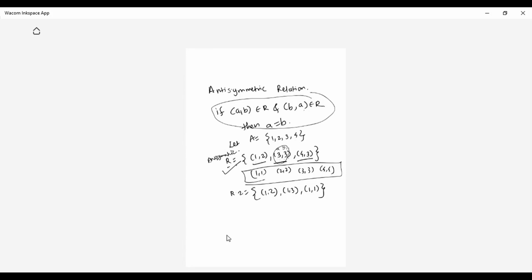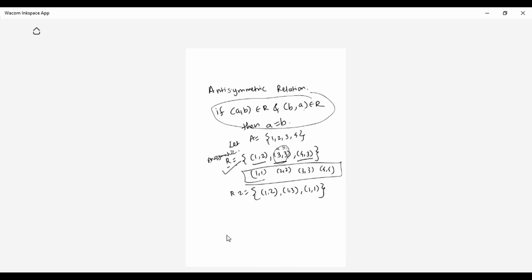Anti-symmetry says the same thing, but anti-symmetry gives you one chance to have A comma B and B comma A in a set when A is equal to B. So every asymmetric relation would be an anti-symmetric relation, that you have to remember.